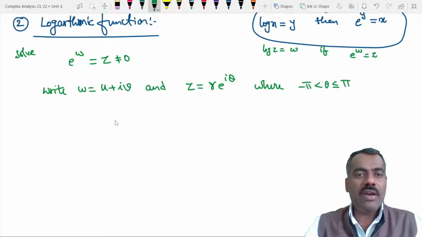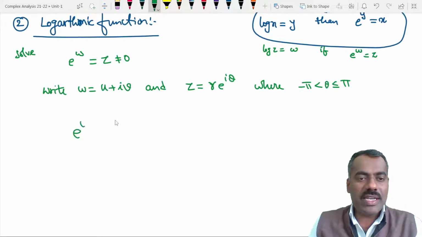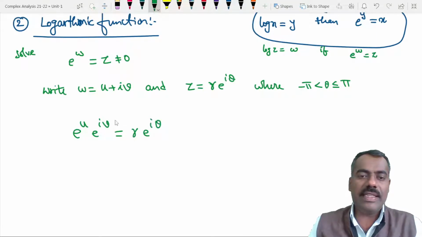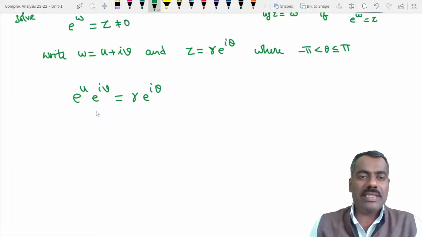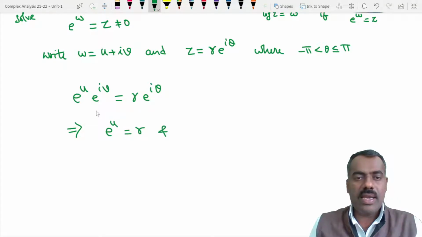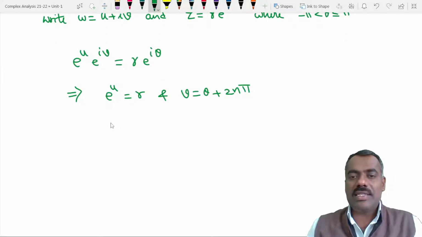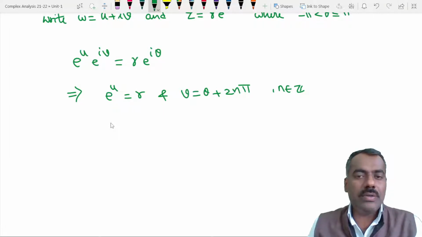Now if you write this, then e power w is equal to e power u into e power i v, which is equal to z. So it is the same as r into e power i theta. And we know when two complex numbers are equal in this form, it is the same as saying that e power u is equal to r and v is equal to theta plus 2n pi, because it is not just theta, it is plus or minus a 2 pi multiple.